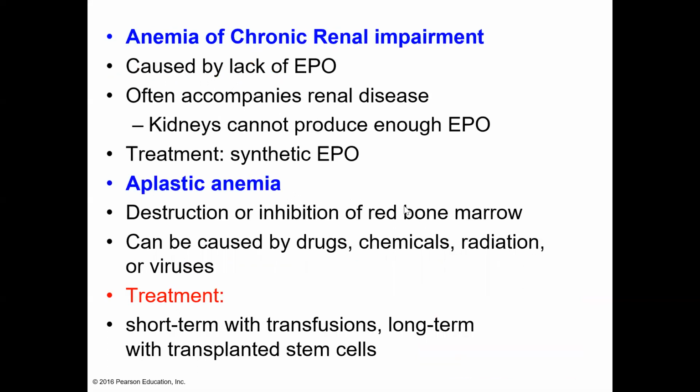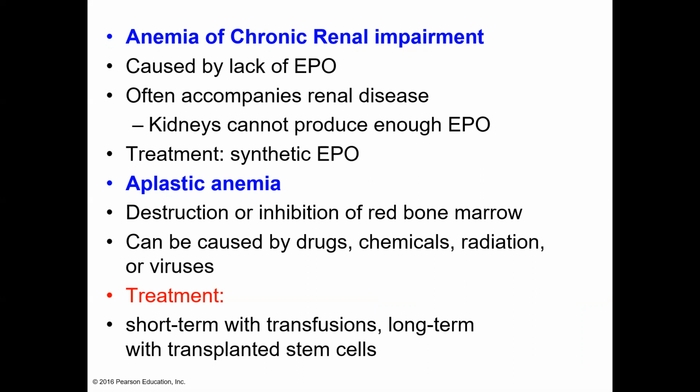Another type of anemia is anemia of chronic illness or anemia of chronic renal impairment. And this is caused by lack of erythropoietin. Erythropoietin actually is a hormone that is produced by the kidney and is very important for the maturation of red blood cells.